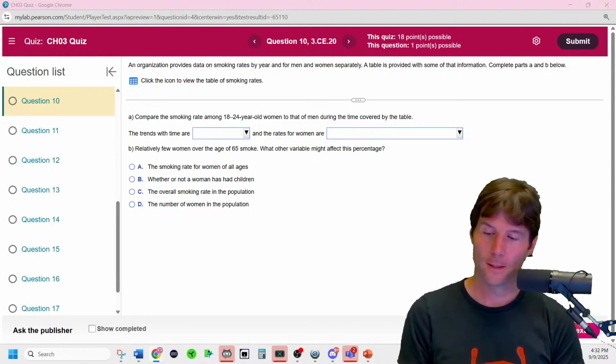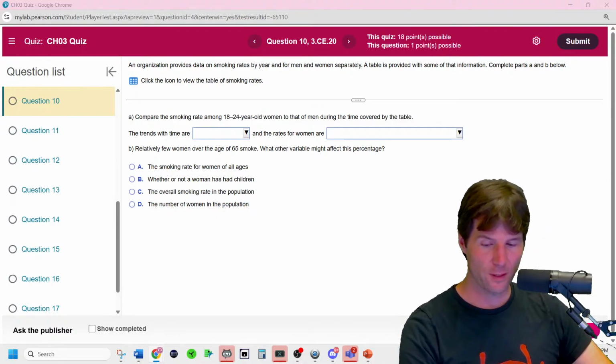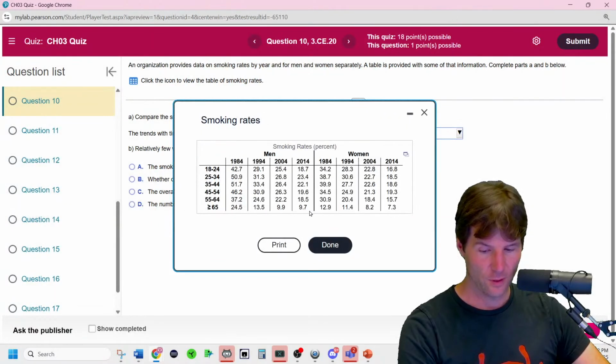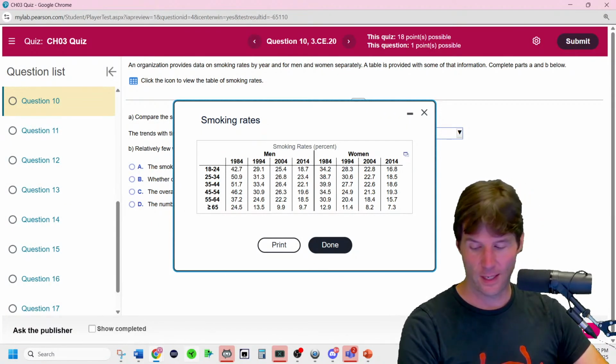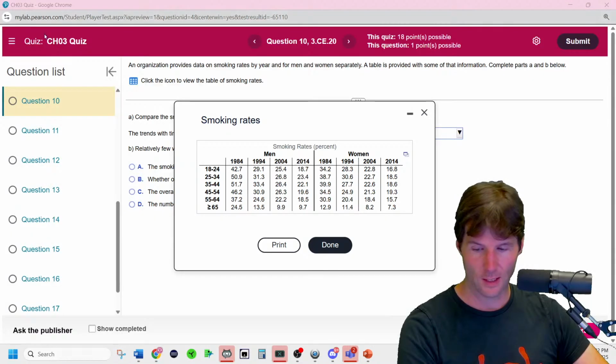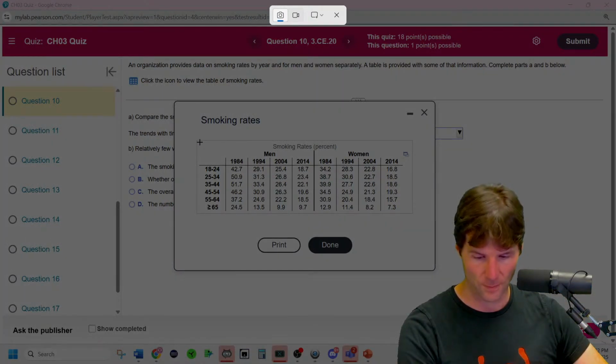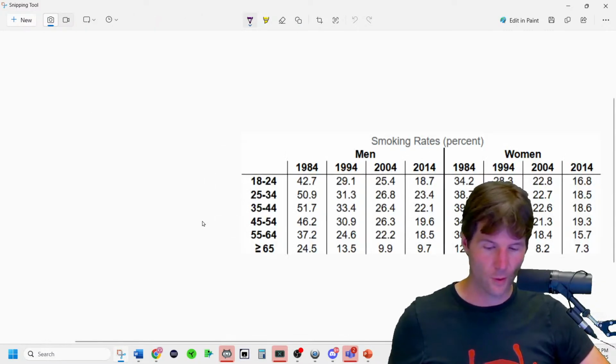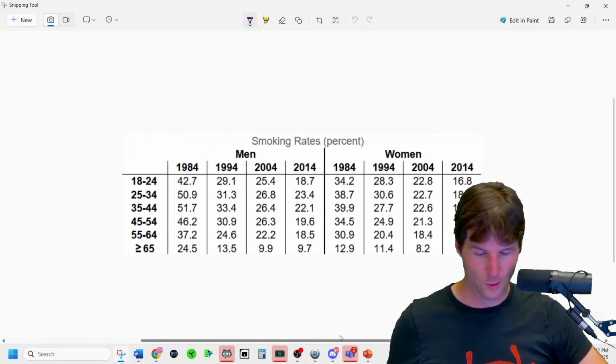Okay. So we've got data on women 18 through 24 and men that smoke. If you look right here, this is a table with 3 variables. You have men, you have women, you have age, you have year. And when you think about it, you look who smokes. Who's the smokers?